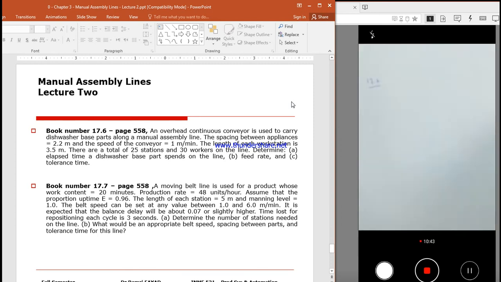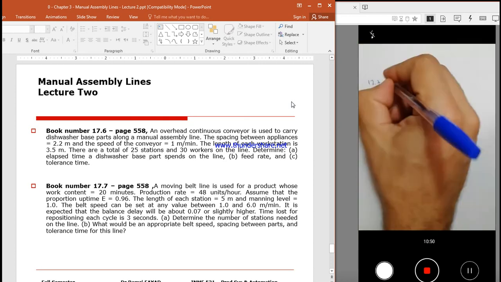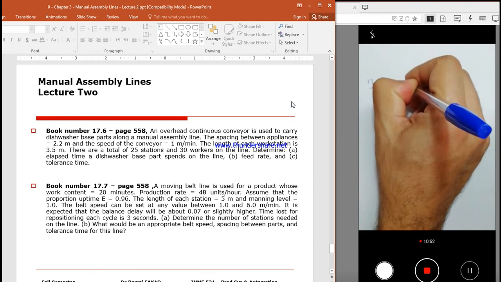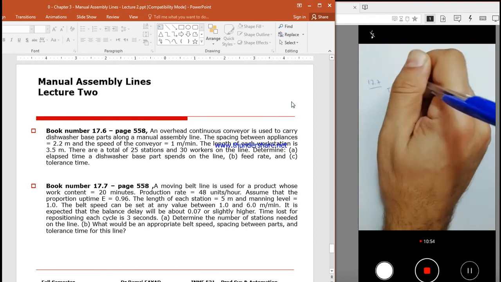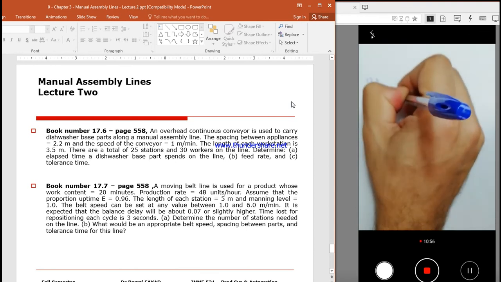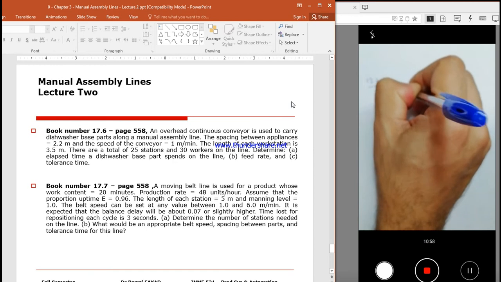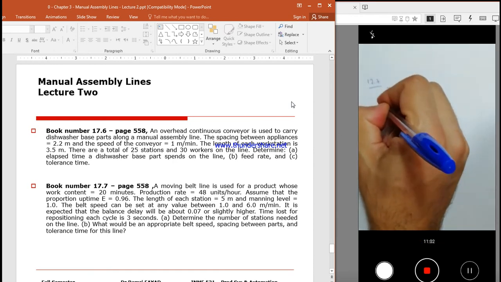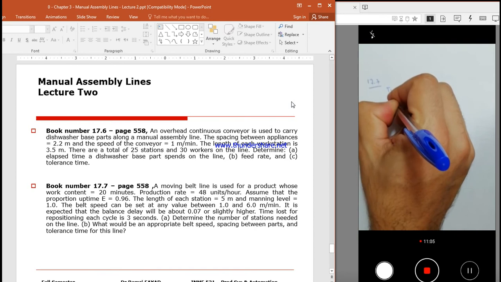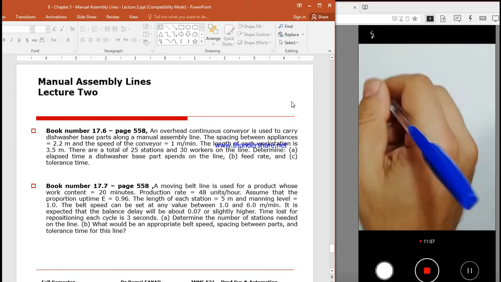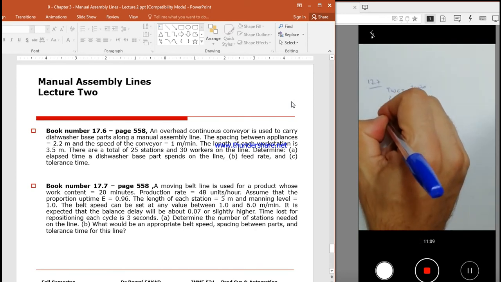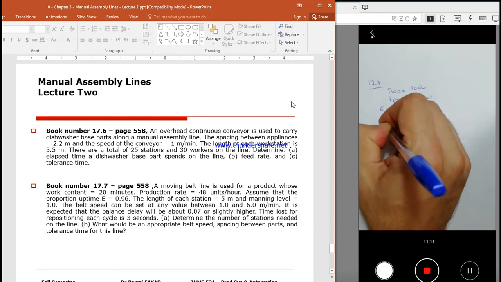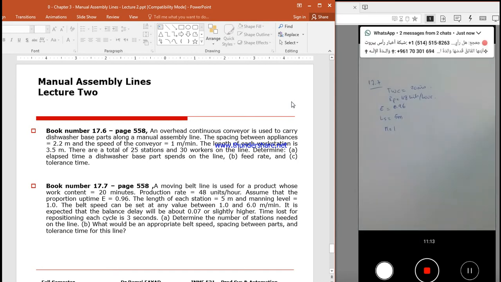A moving belt is used for a product with work content time of 20 minutes. Production rate RP equals 48 units per hour. Assume the proportion uptime E is equal to 0.96, the length of each station LS equals 5 meters, and the manning level equals 1.